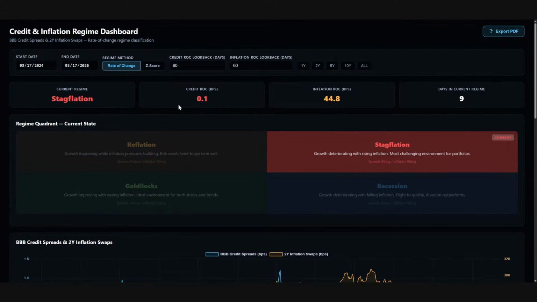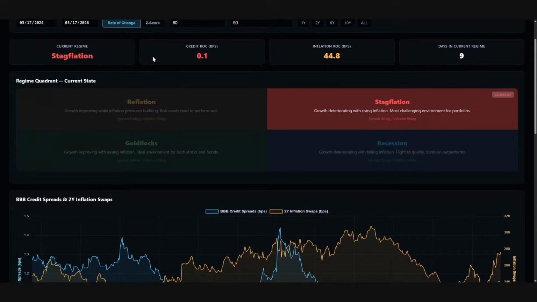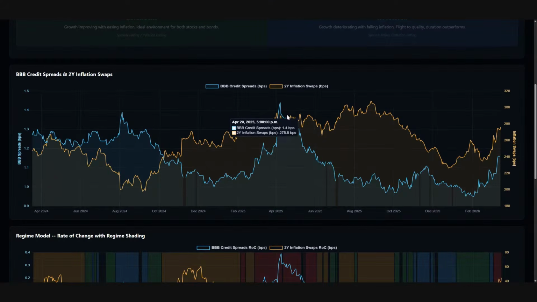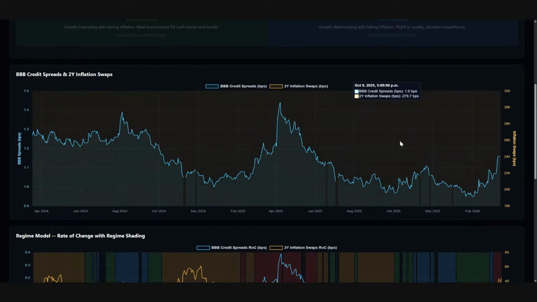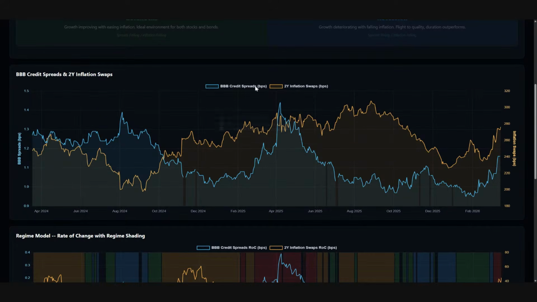On this dashboard, all we're looking at is the period of time where we have credit spreads right here in blue, and then you have inflation swaps in orange. And these are showing the market's pricing of growth and inflation. So in blue, when credit spreads are rising, that means there's some type of growth risk or credit risk in the economy.